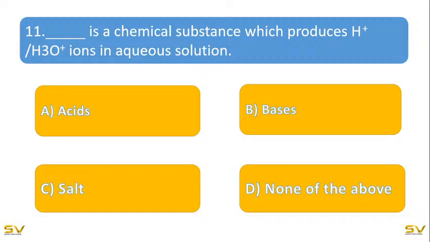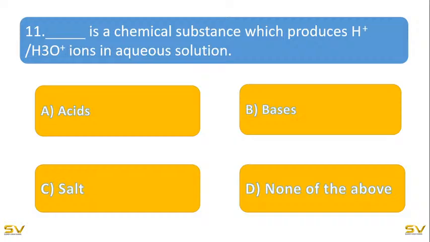Is it bases? Salt? None of the above. So yes, the option is correct for the 10th one. 10th is B only. Now for the 11th one, is it acid or is it base? Is it salt or none of the above?